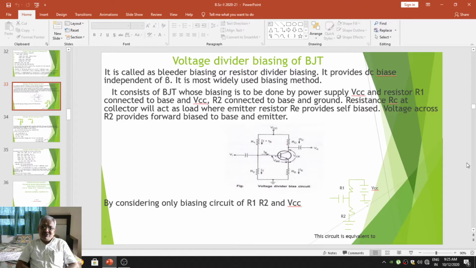That method gives stability to the BJT for its operation regarding the location of its operating point by adjusting the value of resistance Re and also the base resistance Rb properly.